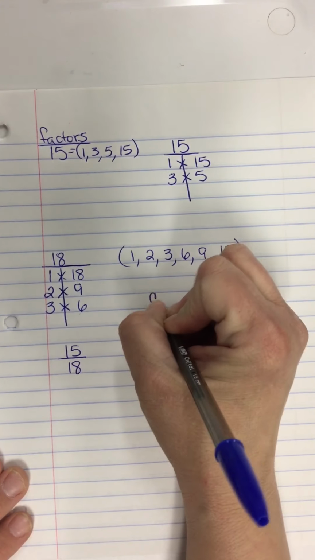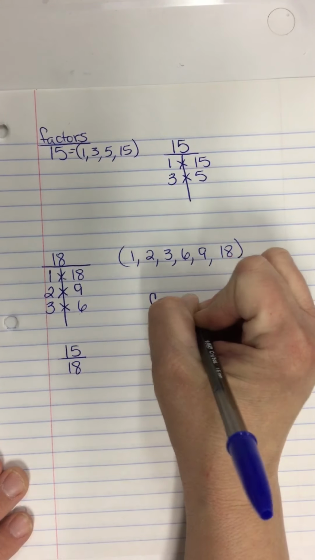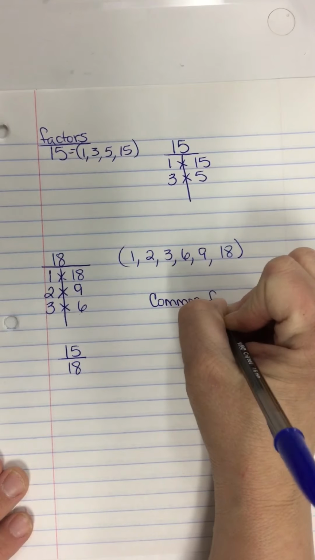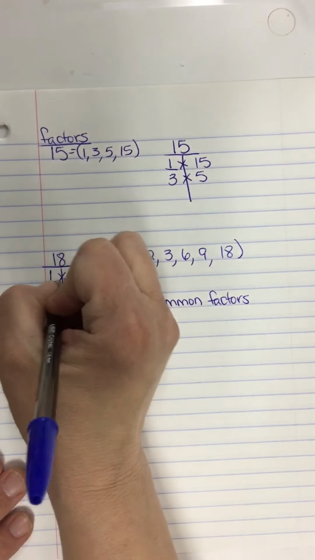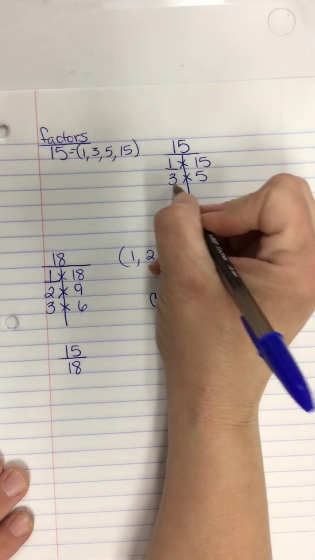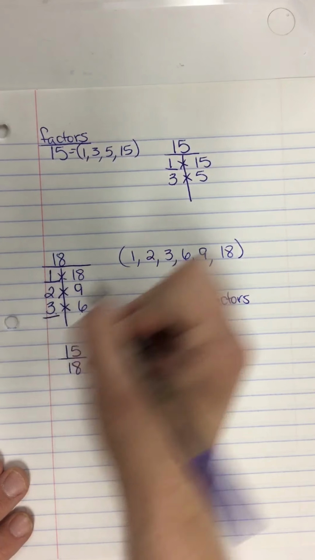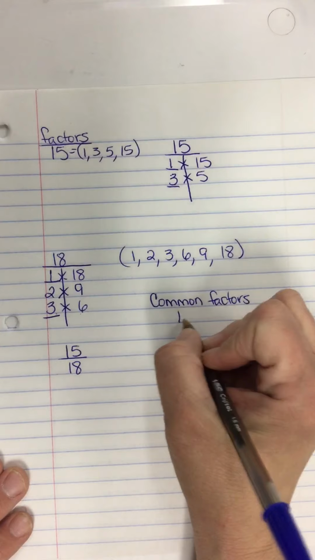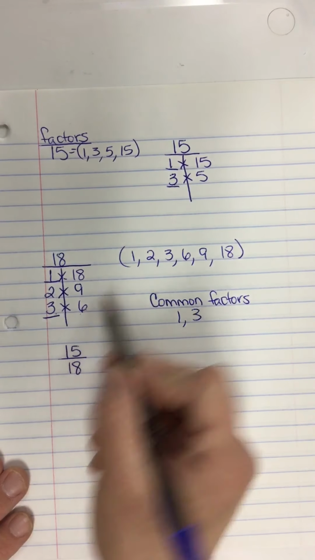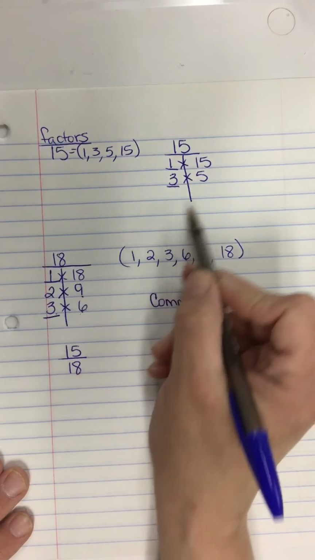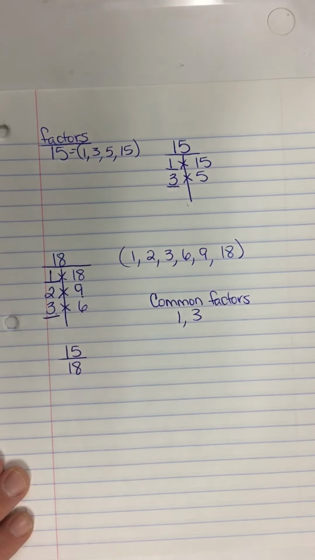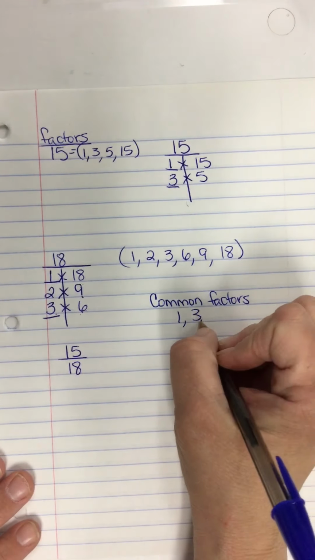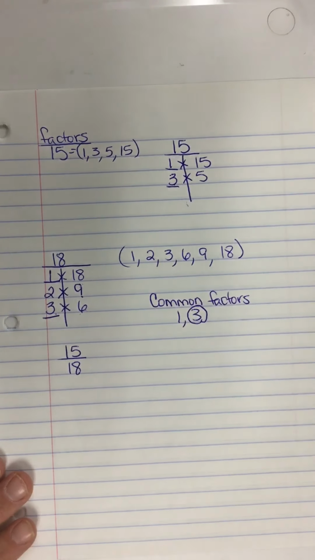So our common factors: they both have a 1, obviously. There's a 3 here and a 3 here. So 1 and 3. 6, no 6, 9, no 9 up here. 18, no 18 here. So the biggest factor they both have in common is the number 3.